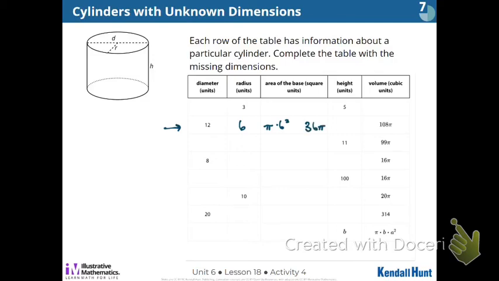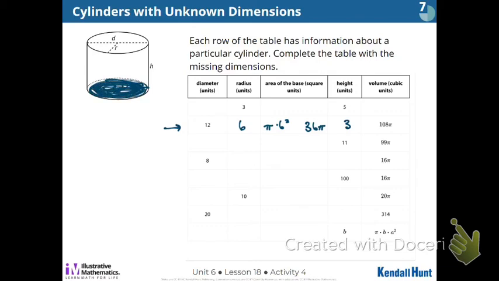Okay, we gotta grind on this table. So if it's 36 pi and I need to get 108 pi, what would the height need to be? I'm multiplying my base, right? I'm going to multiply that by the height to fill it in. So my height would have to be 3. Well, because my base right here had a radius of 6, which means the area of just the base was 36 pi, correct?